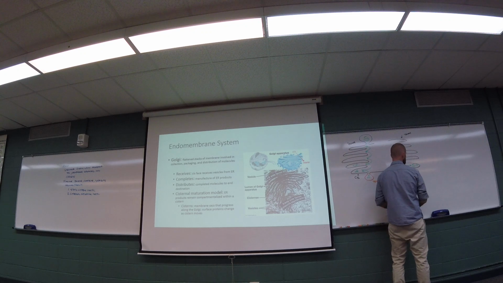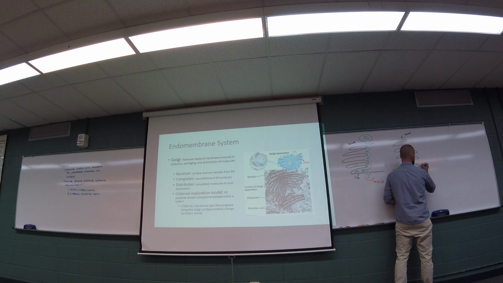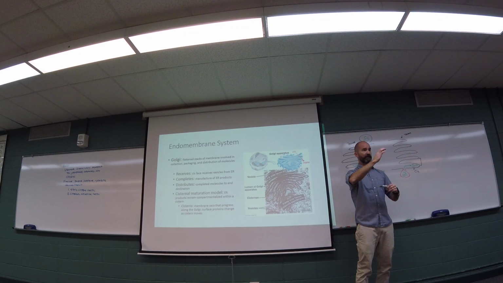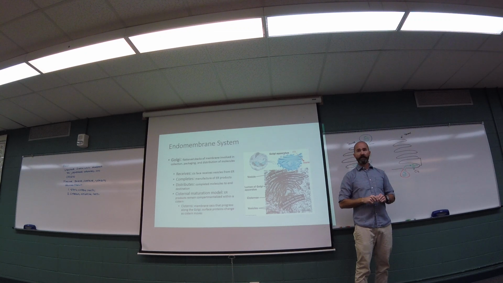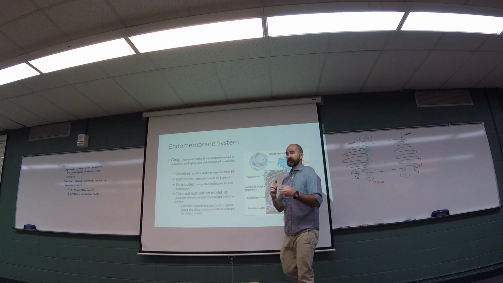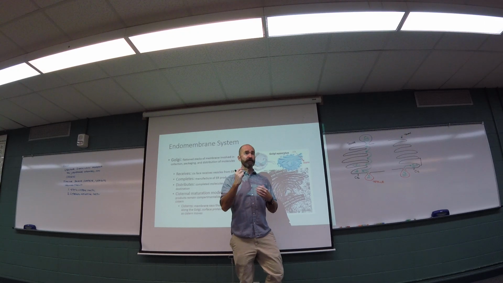So the cisterns are actually what's moving in this model. So this cistern moves up to that position. And you can think about it just like this wave that's moving along the surface of the cistern. And each of those waves is carrying a protein in it. What's really cool about this model, though, is as that cistern moves, its protein composition changes.